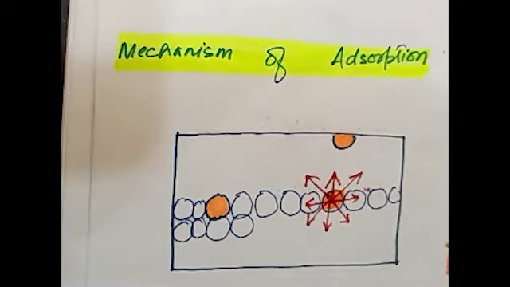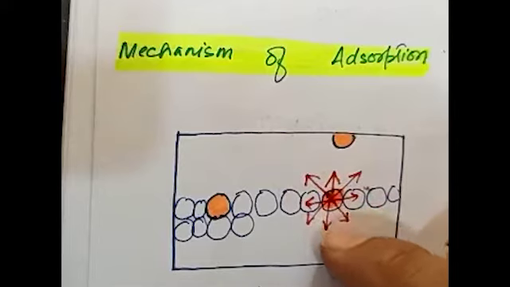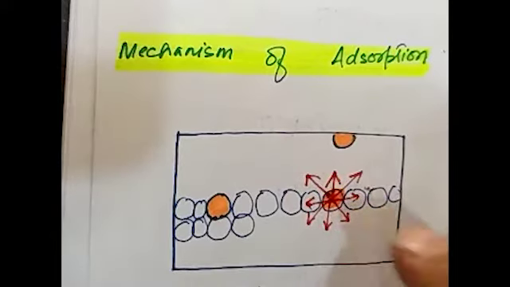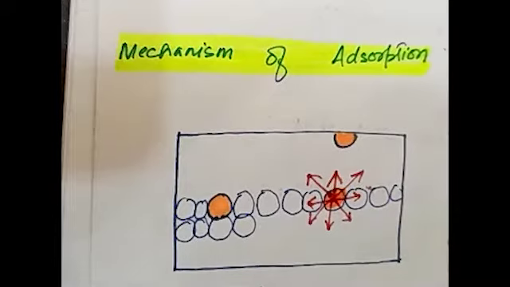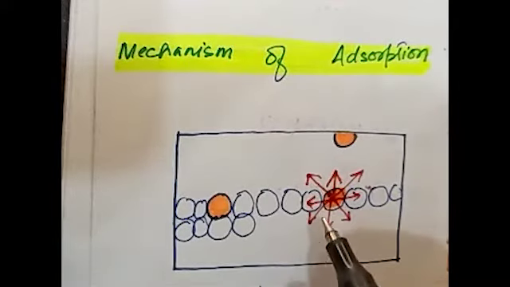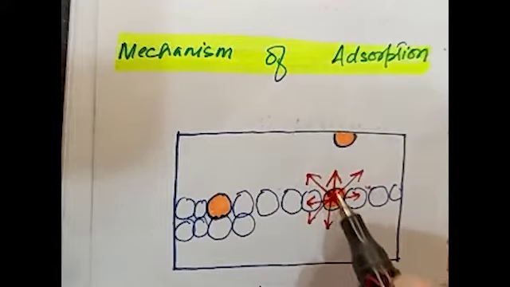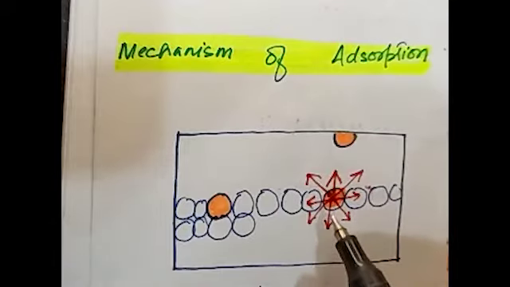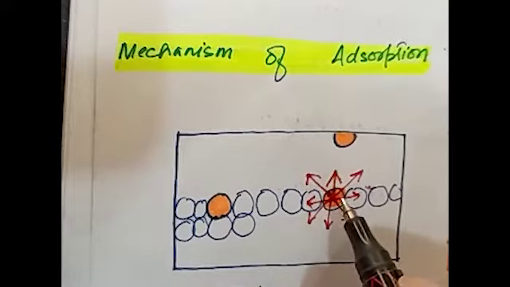So these are some forces of attraction which are acting on the orange particle, the particle under consideration. As a result, what happens? The total force acting on the body is zero, because each force balances the opposite force.